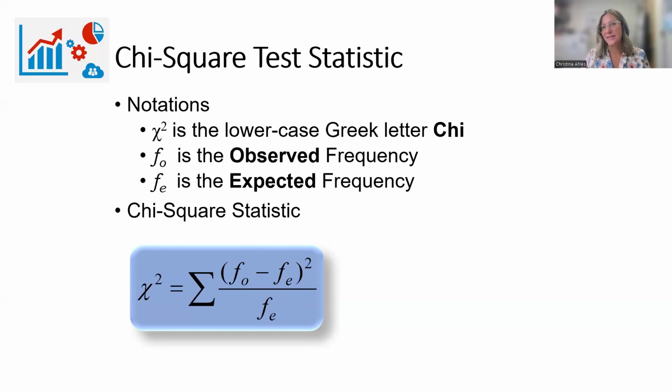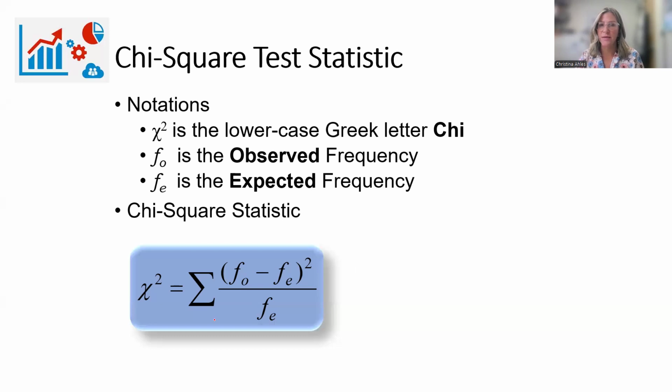So this is why I say this is the easiest test, because no longer do you have sums of squares, because we don't have that normal distribution. We don't have variance. We're just looking at expected frequencies versus observed frequencies.